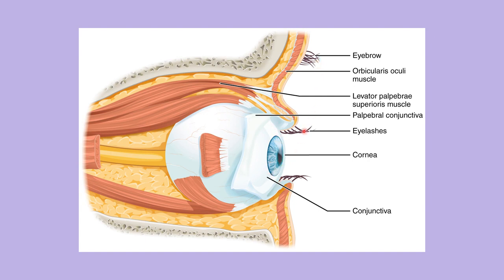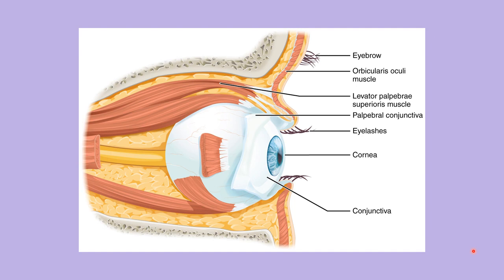Your eyebrow and your eyelashes are supposed to help keep debris out of the eye. Sometimes I think your eyelashes cause more aggravation than protection, but that's what they're there for. Your upper lid and lower lid are going to close whenever anything comes close to the eye, once again as a protective mechanism.